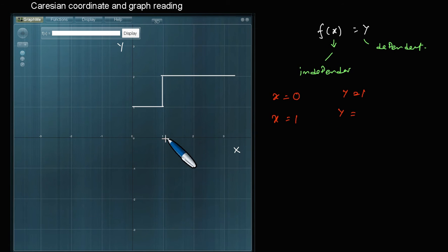You can see this value and this value. And the corresponding values for x equals 1, so we can say that y is anything between 1 and 2. Any value, actually all values.